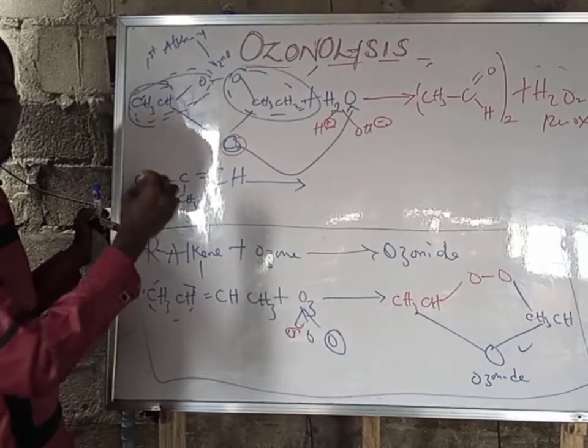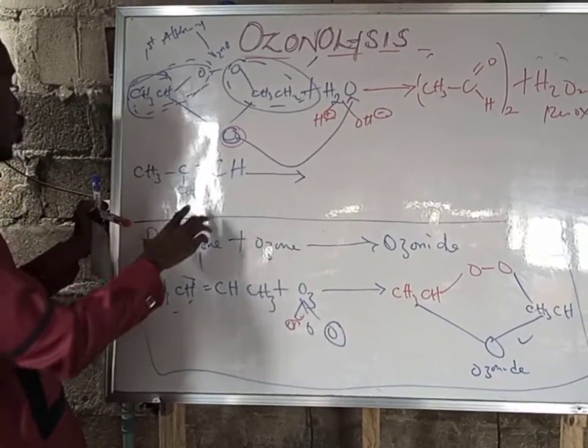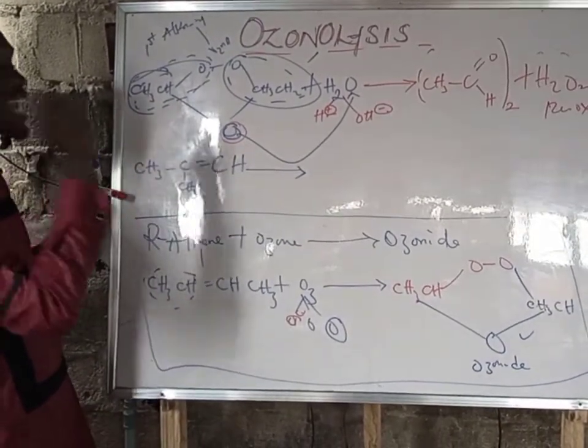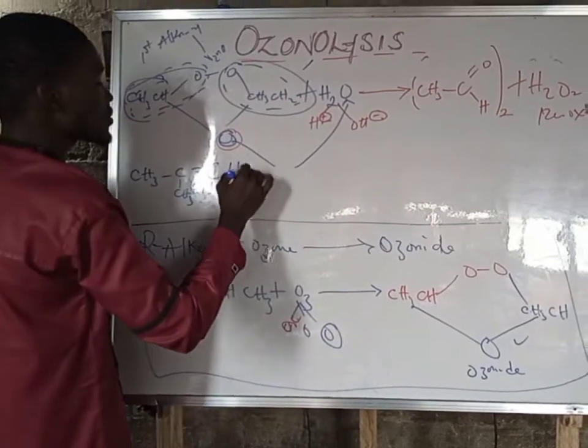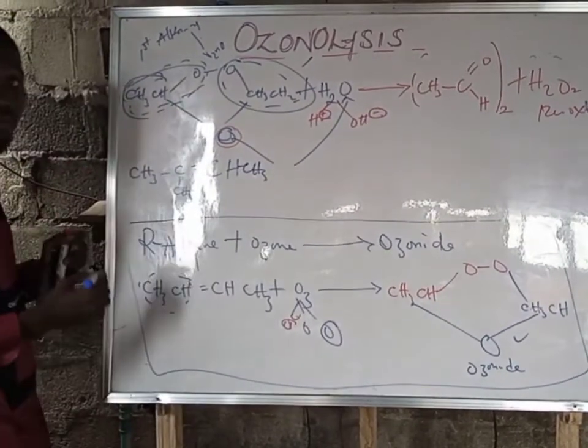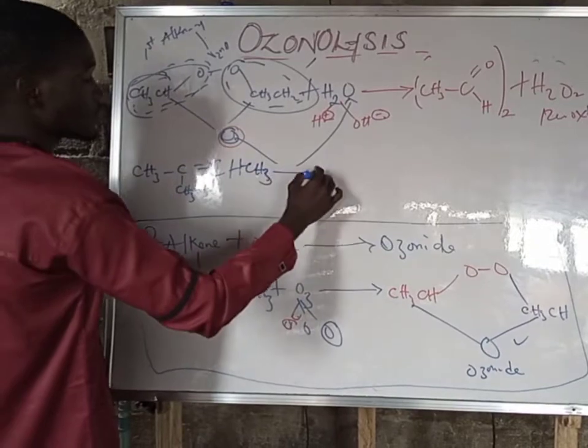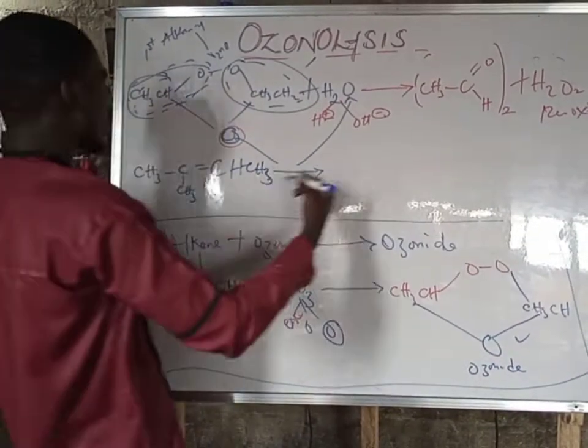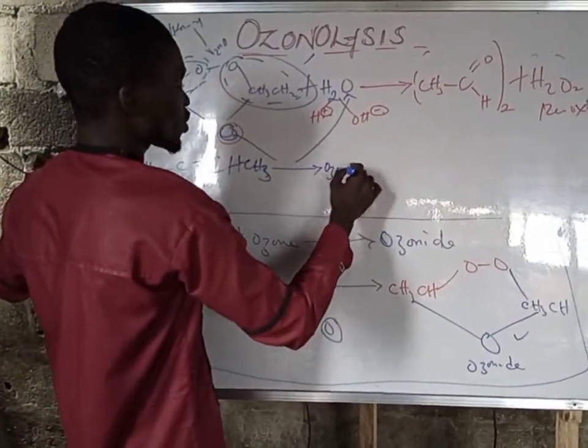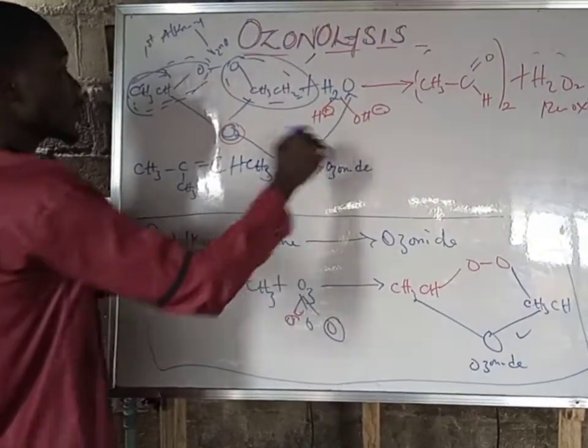Should we continue with this, or pick that one we have there? So with what you have here, if you have CH3 here, the next thing to have will be the ozonide, which is this.